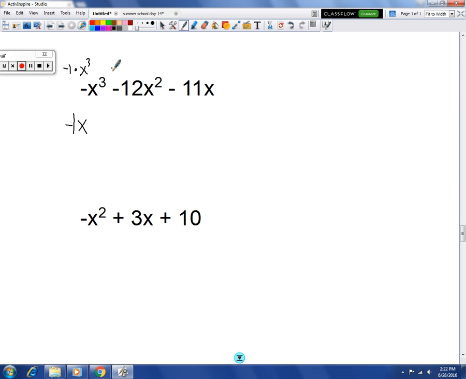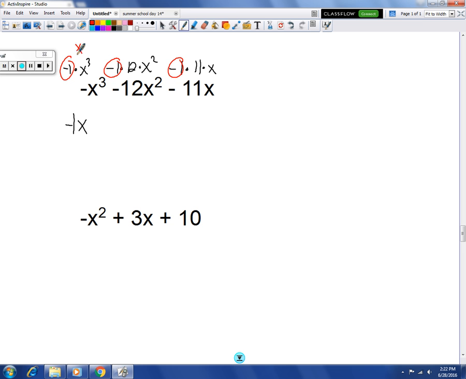This is a negative 1 times a positive 12 times x squared. And this last term is really a negative 1 times a positive 11 times an x. So they also have a negative 1 in common, and they all have an x in common.